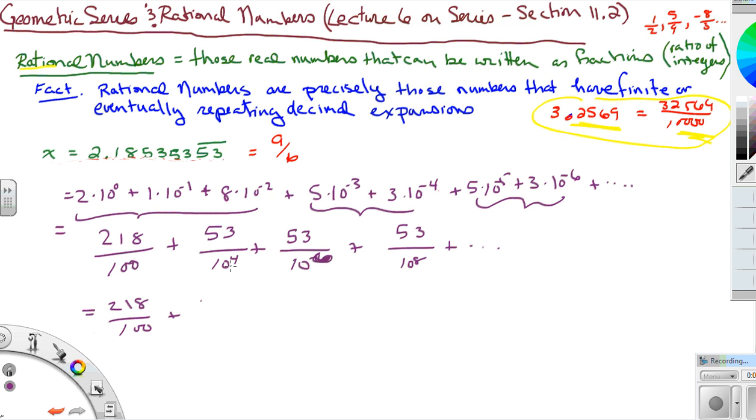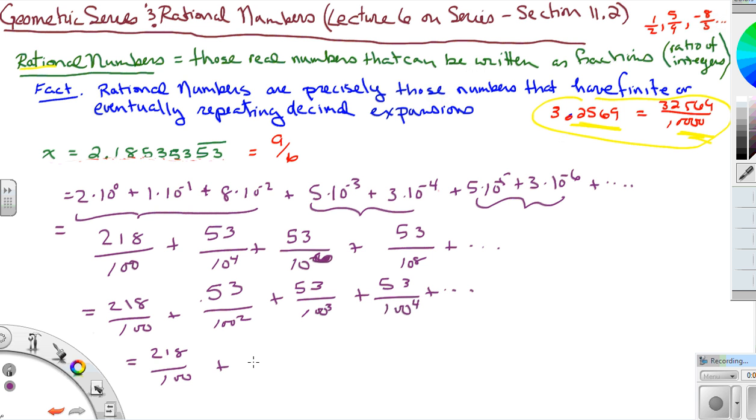It's even powers of 10, right? 10 to the 4th is 100 squared. 10 to the 6th is 100 cubed, because 6 is 2 times 3. 10 to the 8th is 100 to the 4th, because 8 is 2 times 4, and 10 squared is 100. So we can rewrite this as 218 over 100 plus, now we can write this as a series.